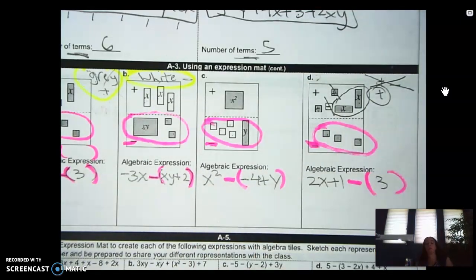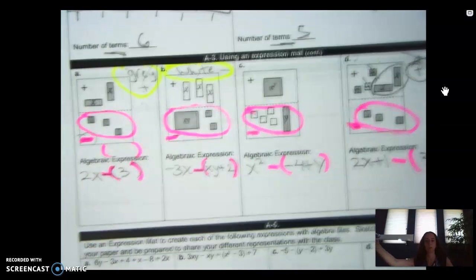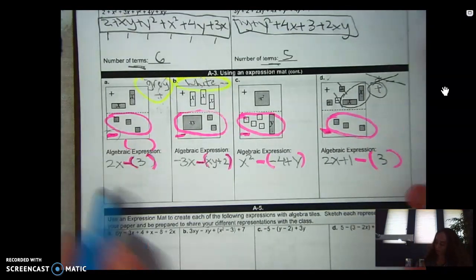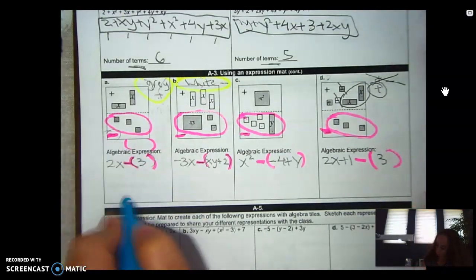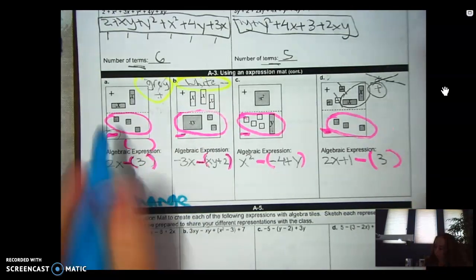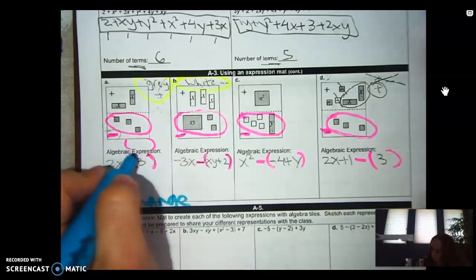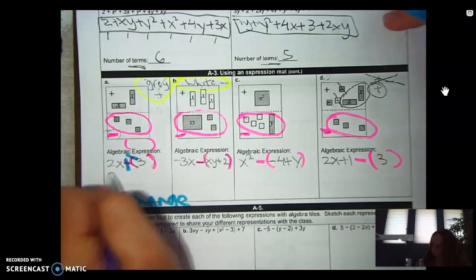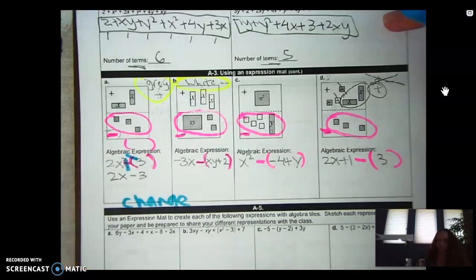Okay? So now we're going to do something a little bit different. Whenever we see a minus, what we're going to do is change. So this turns into a plus, this turns into a minus. So now this is 2x, we don't need that, minus 3.